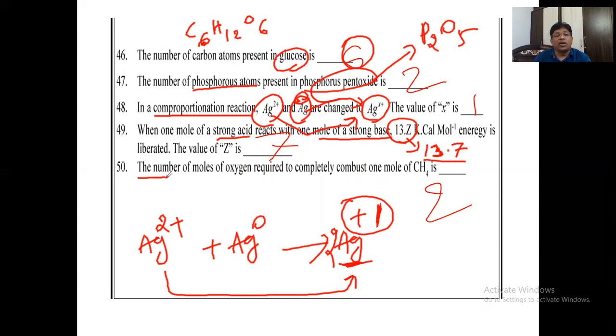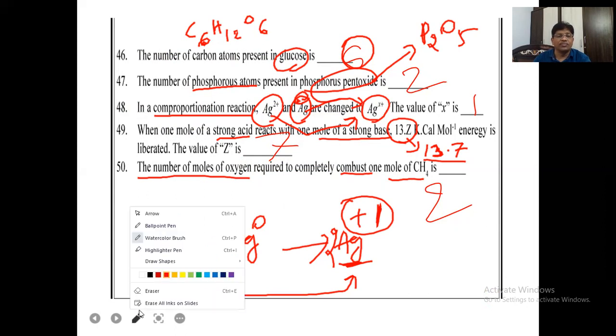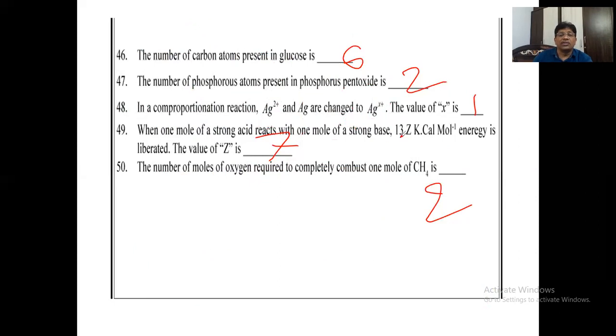Next, the number of moles of oxygen required to completely combust 1 mole of CH4. To completely burn 1 mole of methane, how many moles of oxygen are required? Let's take the screenshot of this one. If you want, I will erase everything. Now see, in this case methane CH4 is a hydrocarbon.